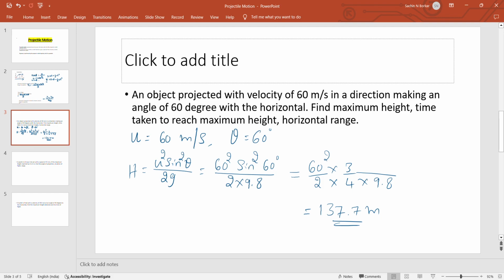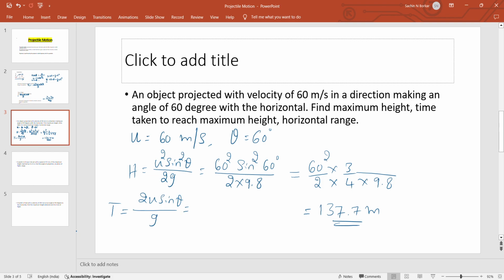Moving on to the other part, that is time taken by the body. So we have the formula T is equal to 2u sine theta by g.